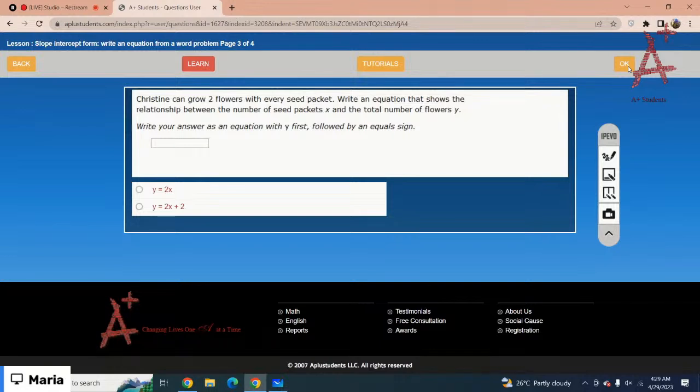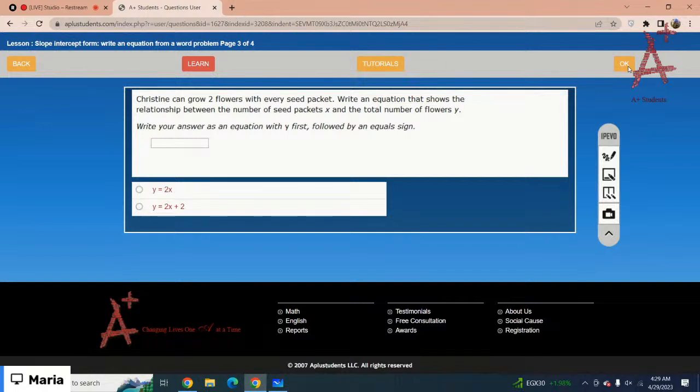Christine can grow 2 flowers with every seed pack. Write an equation that shows the relationship between the number of seed packets X and the total number of flowers Y. So she can grow 2 flowers from each packet. If she has one pack, she can grow 2 flowers. If she has 2 packs, she can grow 2 times 2, 4 flowers. From 3, she can grow 2 times 3, 6 flowers.